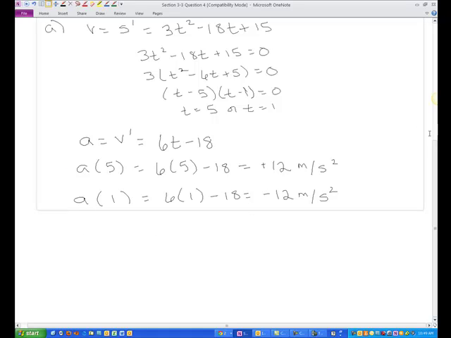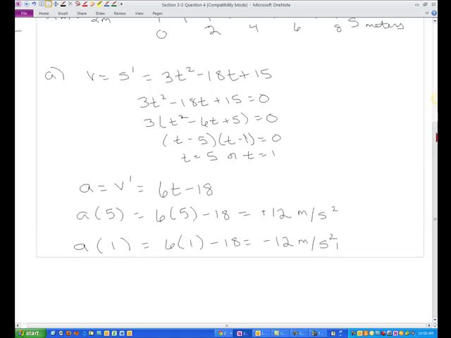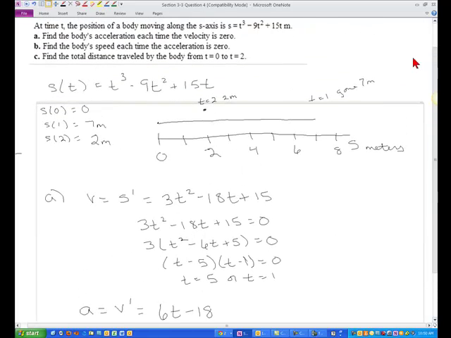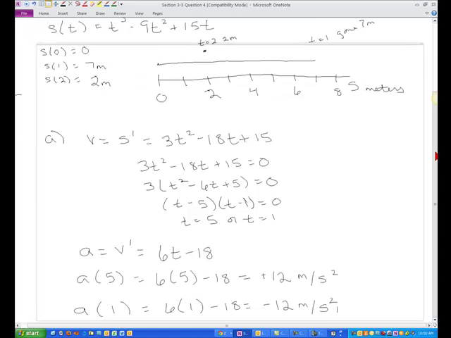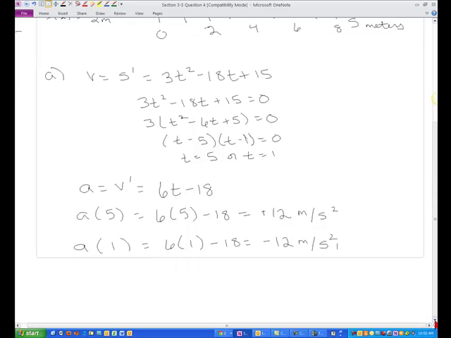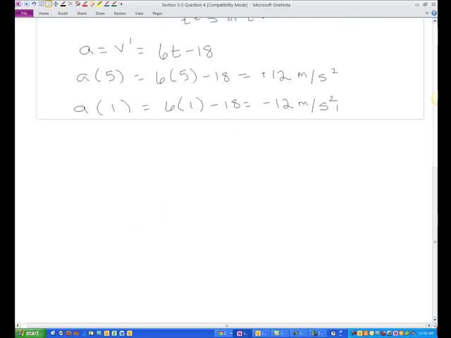All right, now let's see what else is happening. The next question is find the body's speed each time the acceleration is 0. On part B, we have to do two things. We have to figure out when the acceleration is equal to 0, and then find the speed at that moment.